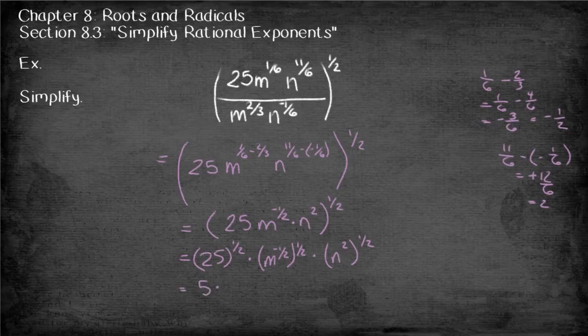I'm multiplying my exponents, so I would get m to the negative 1 over 4. And I have n squared, and I'm taking it to the 1/2 power. In other words, I'm taking the square root. So that would be equal to n, but don't forget your absolute values around the n. N being a variable, we're taking an even root of it.